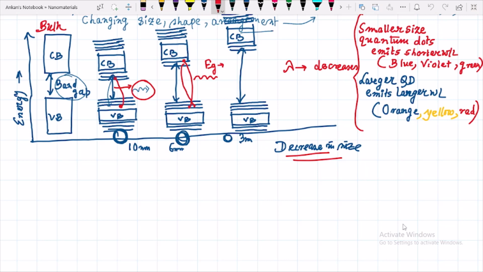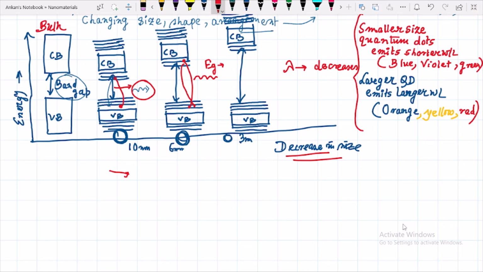It has a wide range of emission wavelength, so the light emitted by the quantum dot LED can be controlled by controlling the size. Quantum dot LEDs also have a longer lifetime as compared to the normal LED, and the brightness of the picture is much greater in the quantum dot LED.